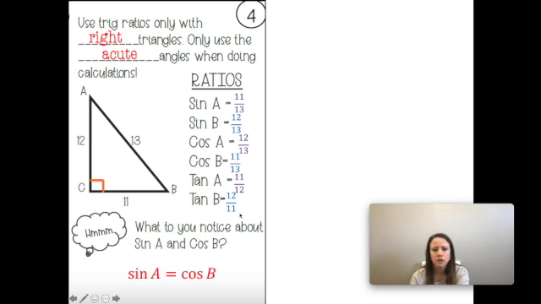For sine and cosine, the sine of A is equal to the cosine of B. So if I think about this being 90 degrees, and I think about the whole triangle being 180, that means if this is 90, then these two angles must add up to 90 as well to get the 180. We'll circle back on that, but think about that. That means that angle A and angle B must add up to 90 degrees.